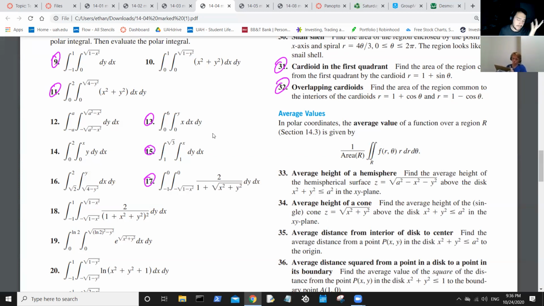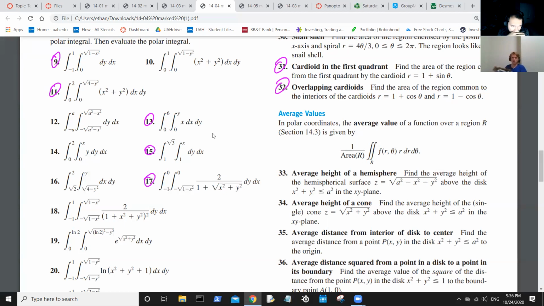That's just y equals x either way. And you have x equals 0, so you have the y-axis as part of that. Then you have y equals 0, so the x-axis is part of that. And then you have y is equal to 6. So you have an upside down triangle. Cool.